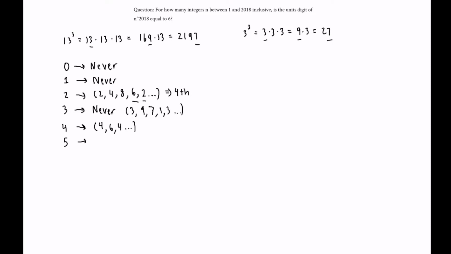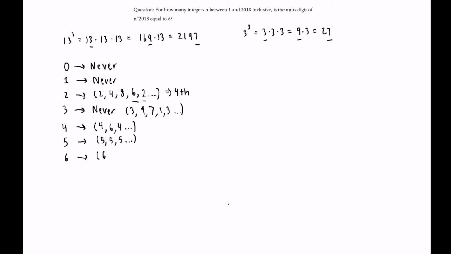5 will never have a units digit of 6, as 5 to the power of anything will always have a units digit of 5. The pattern is 5, 5, 5, and so on for the units digit. 6 will always have a units digit of 6, no matter what positive power you raise it to.